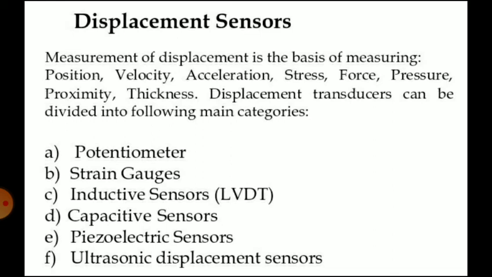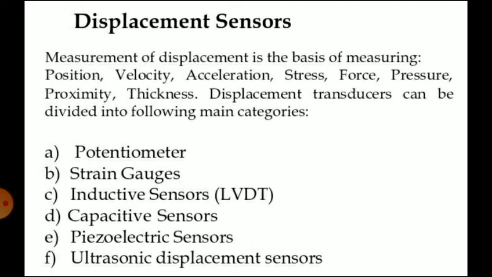Now, different types of displacement sensors. Measurement of displacement is the basis of measuring the position, velocity, acceleration, stress, force, pressure, proximity, thickness. Following are the main categories of the displacement transducers.